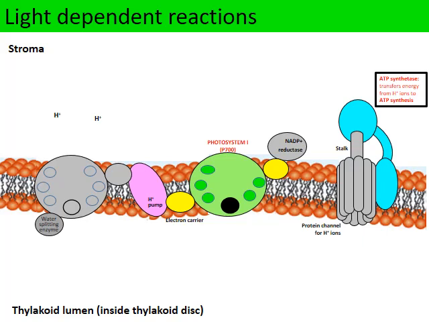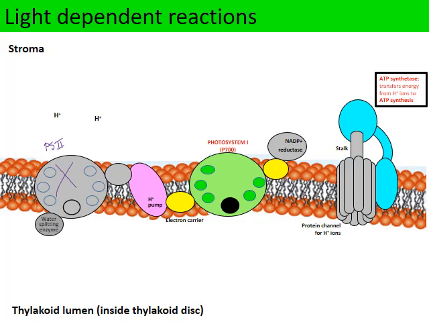So as well as non-cyclic photophosphorylation, there is a second process that we can talk about called cyclic photophosphorylation. This is slightly different from what we've seen previously, because in cyclic photophosphorylation, photosystem 2 on the left hand side here is not used.